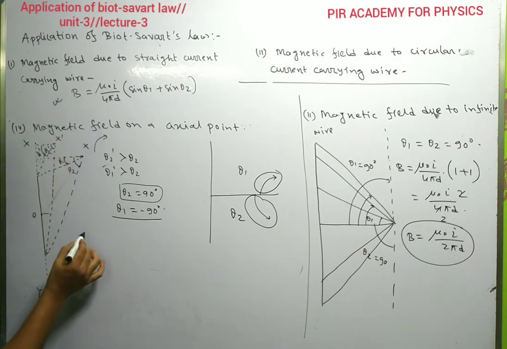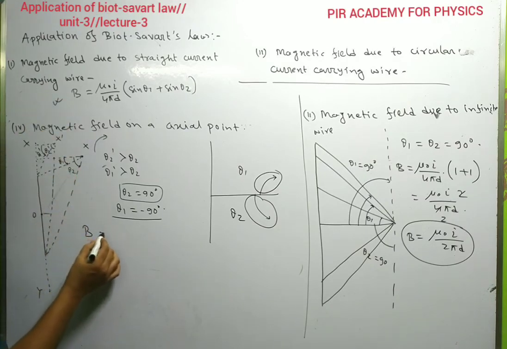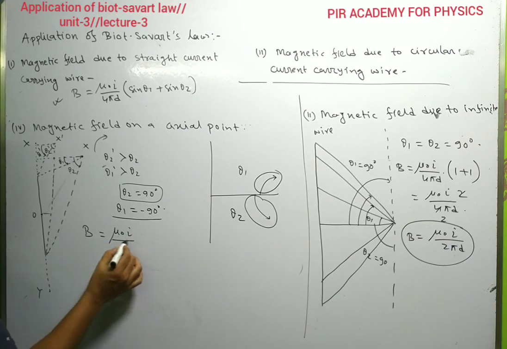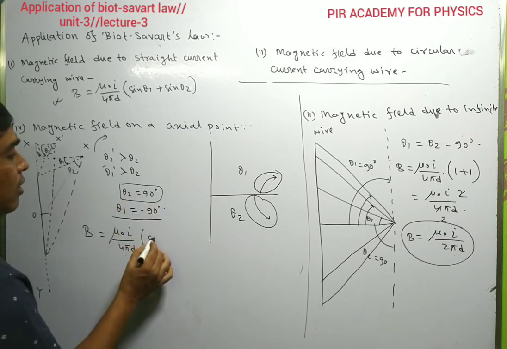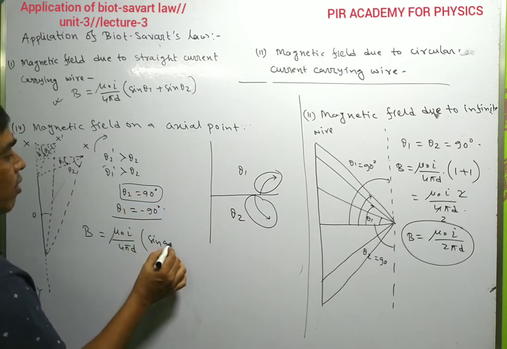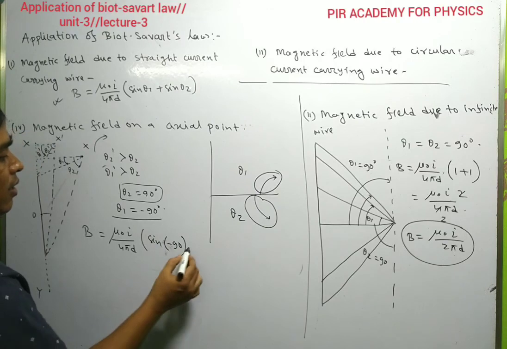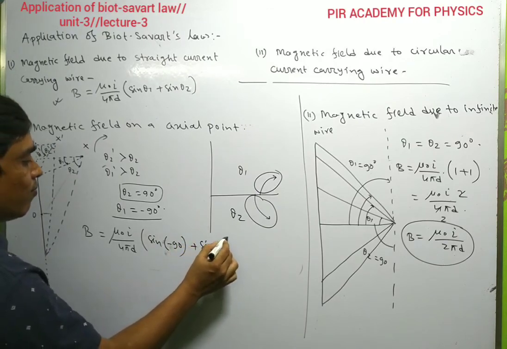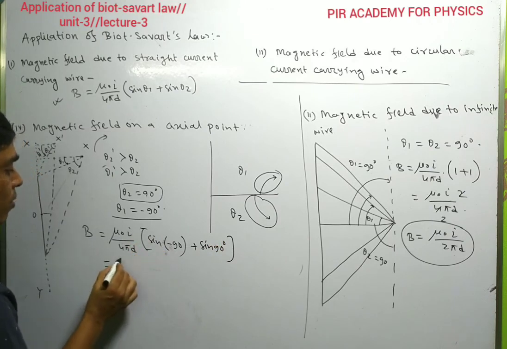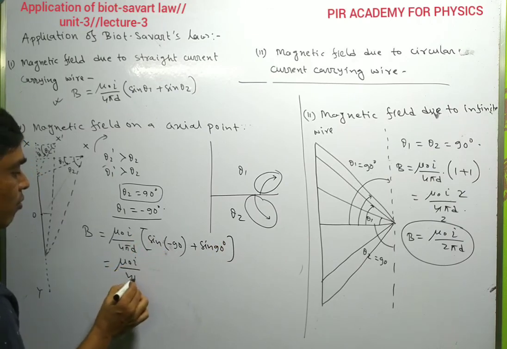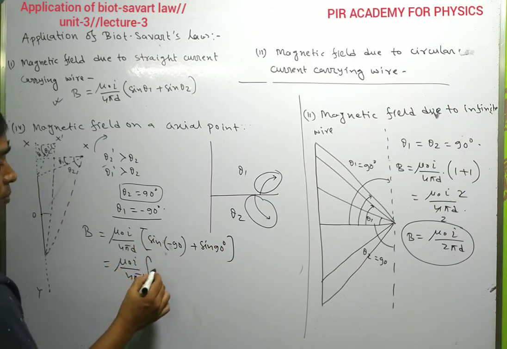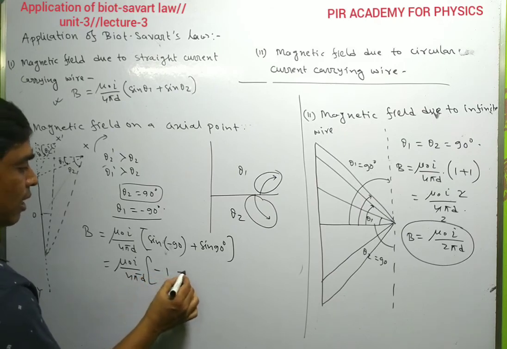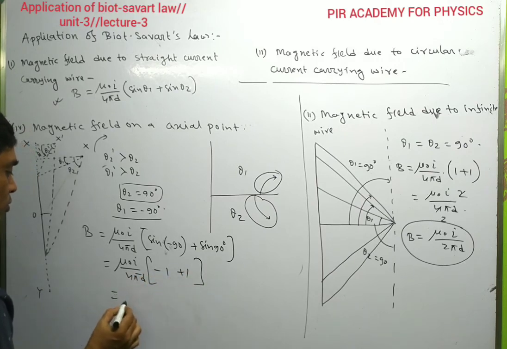So if I put this value in this equation, it will be mu 0 I by 4 pi d times sine minus 90 degrees plus sine 90 degrees. It will be minus 1 plus 1, so it will be 0.